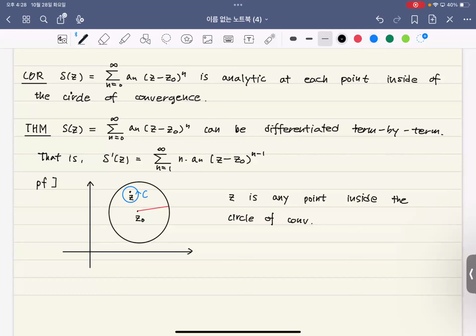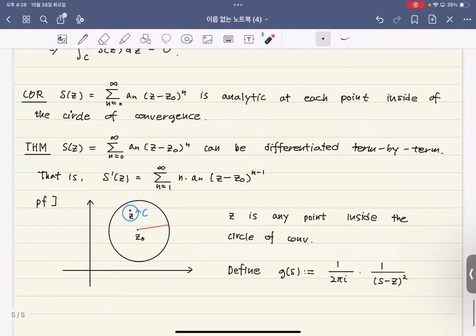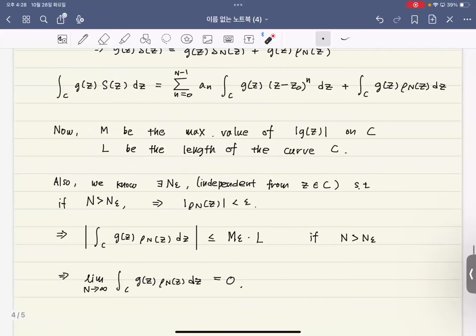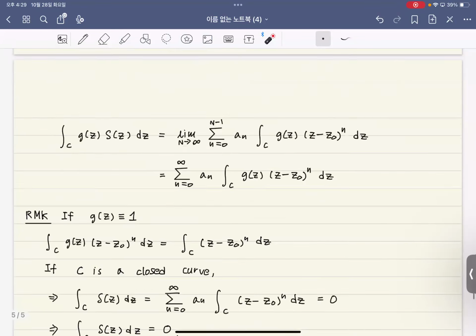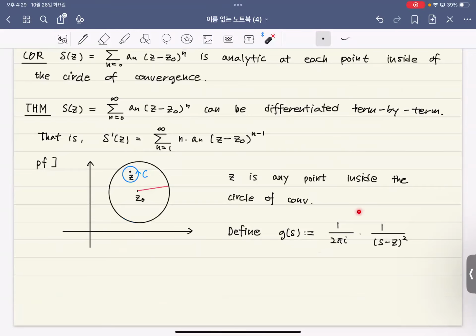Okay, now my curve has been chosen, and I want to define a function g(s) equals 1 over 2 pi i times (s minus z) everything squared. Now I will make use of the previous theorem, replacing the function g over here with my function.